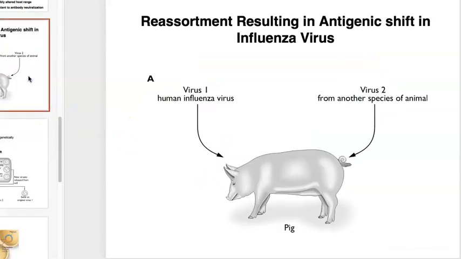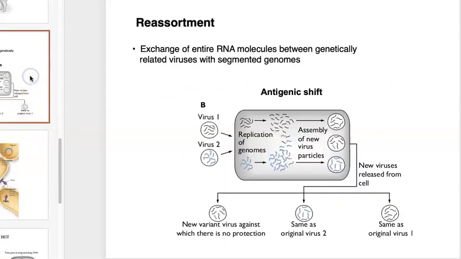A really cool example of genetic variation is reassortment that happens in influenza viruses. In this particular case, the same type of scenario happens in which two influenza viruses infect the same animal, and in fact infect the same cell of the same animal.